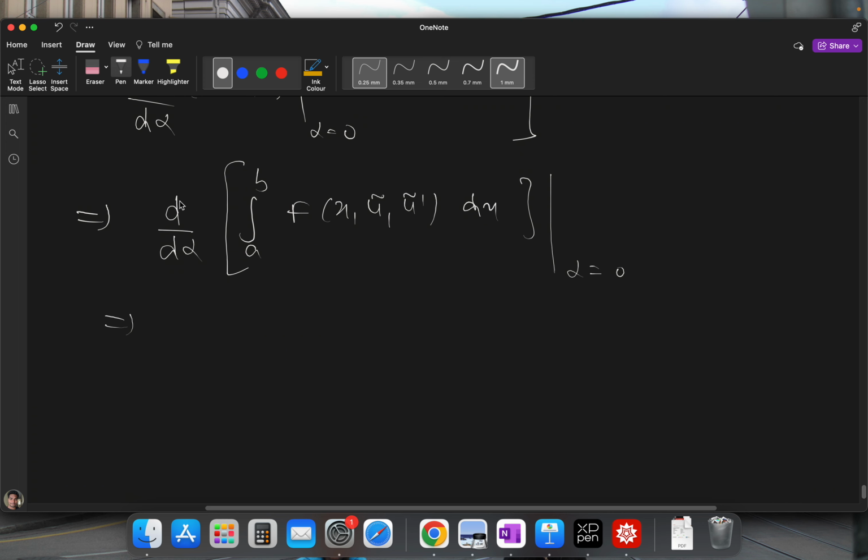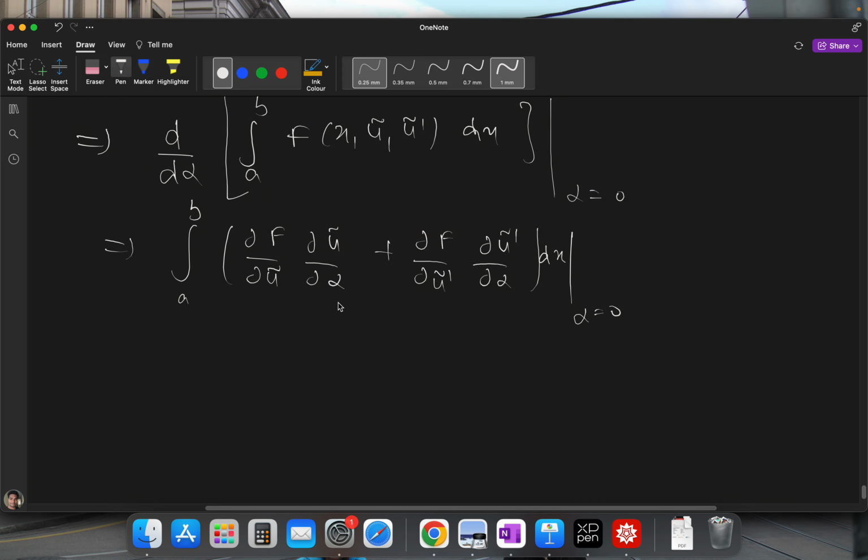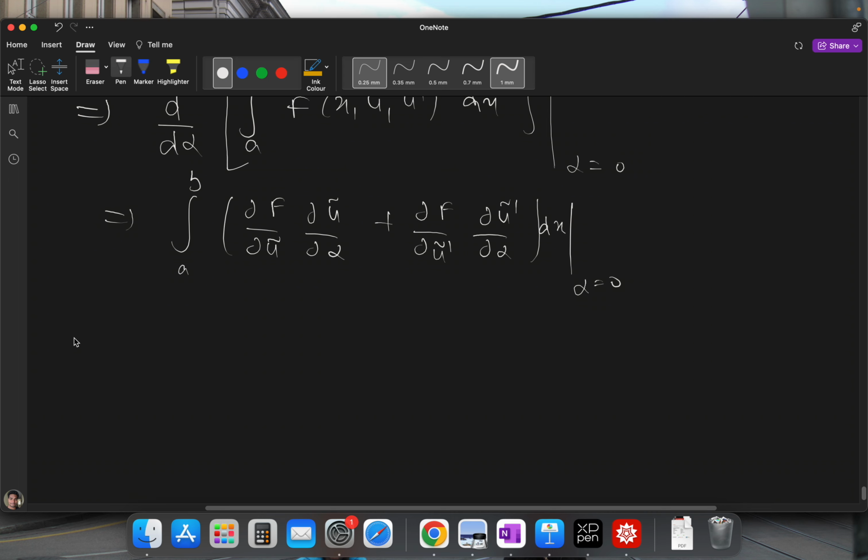Now introduce this derivative inside the integral, so it will become the integral from a to b of del f by del u tilde times del u tilde by del alpha, plus del f by del u tilde dash times del u tilde dash by del alpha, and finally after integrating we will substitute alpha equal to 0.